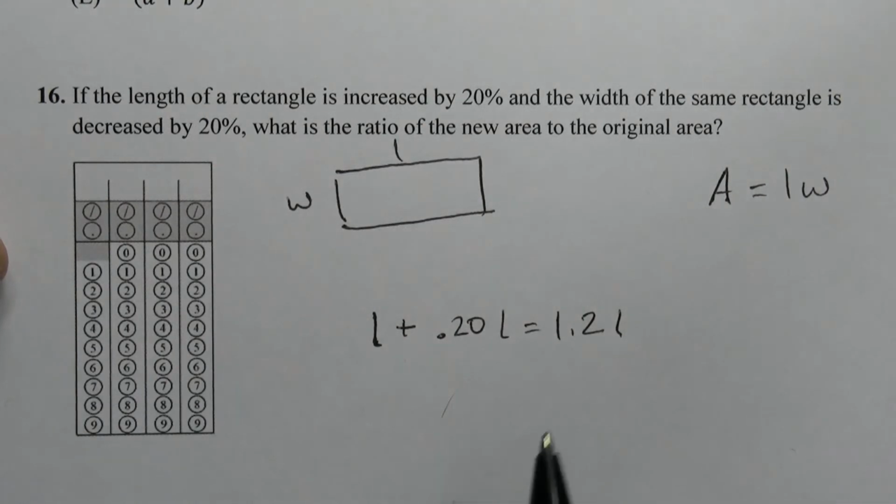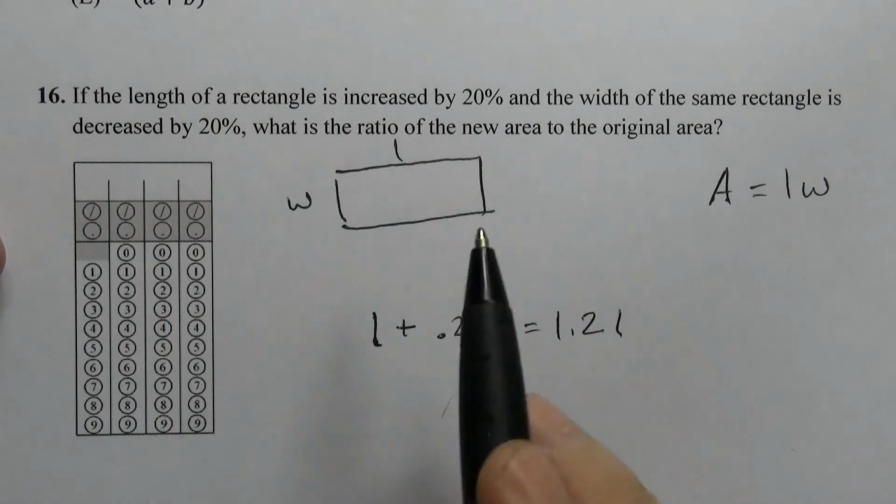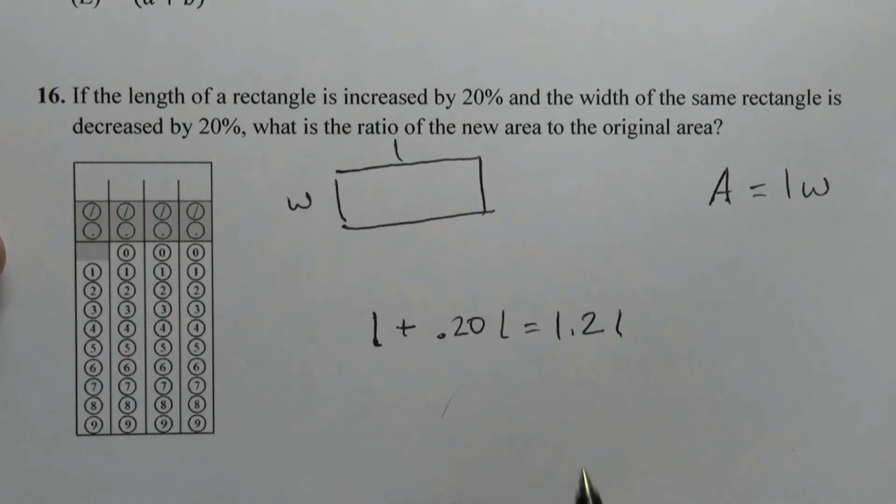And obviously a shortcut here is just to say, well, it's 120% of L, so it's 1.2. 1.2 is the same as 120%. You get the idea. So let's see if we could do the same thing for W, right?